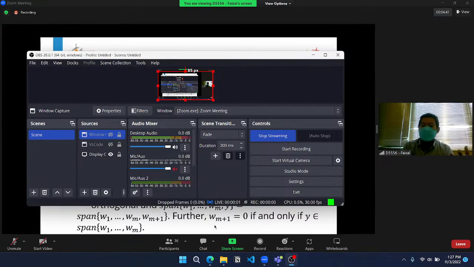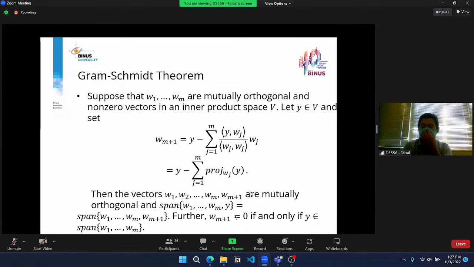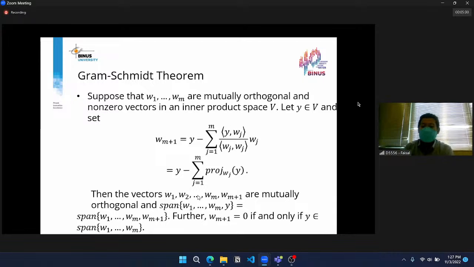And there is another special basis we call an orthonormal basis. We know that every vector space always has a basis.